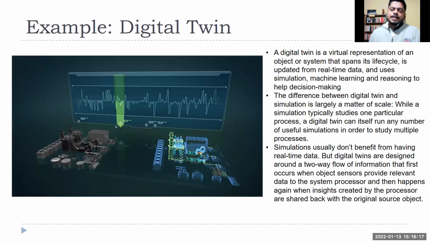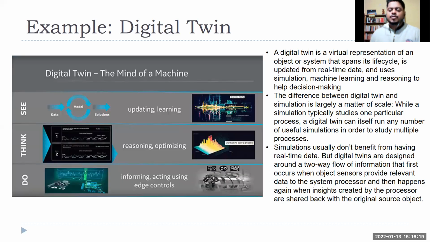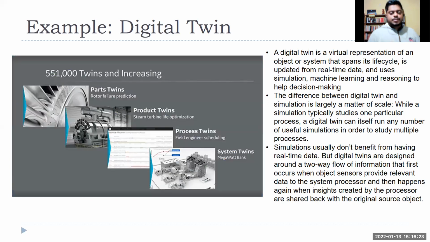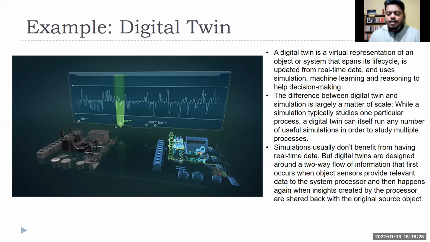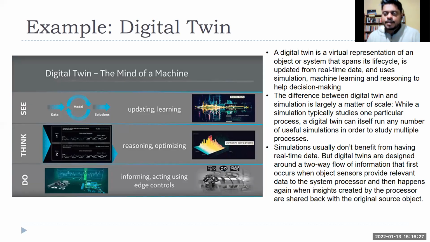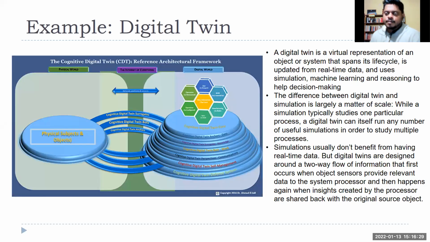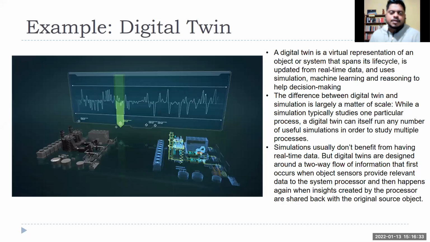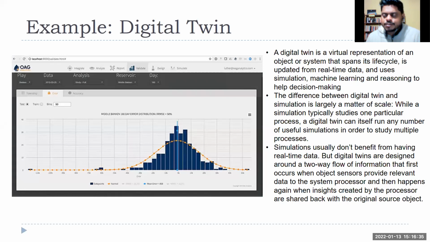So with that, they are able to optimize the performance of those engines, right? So remember, this is a very new and very exciting concept in manufacturing and production, the concept of digital twin. Any questions or any doubt on this?